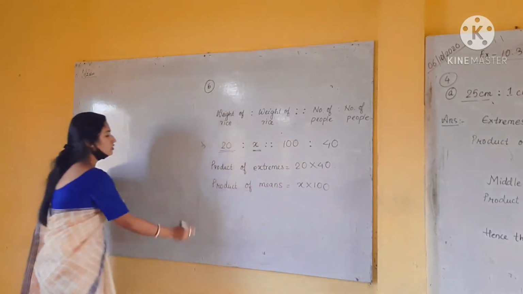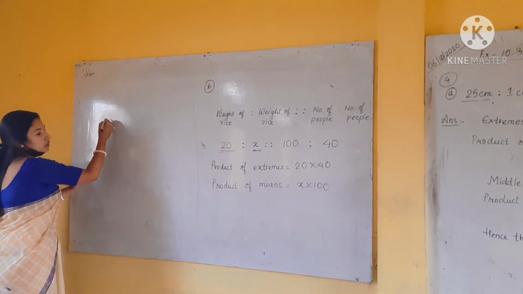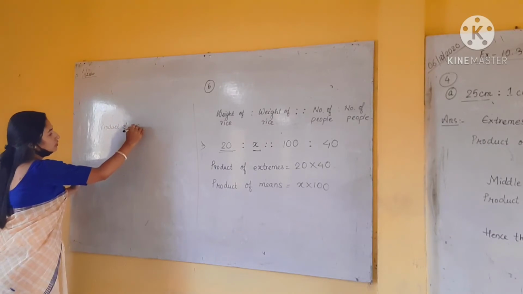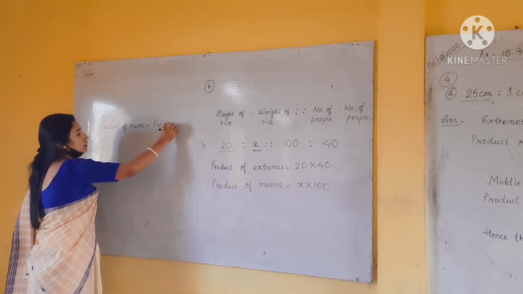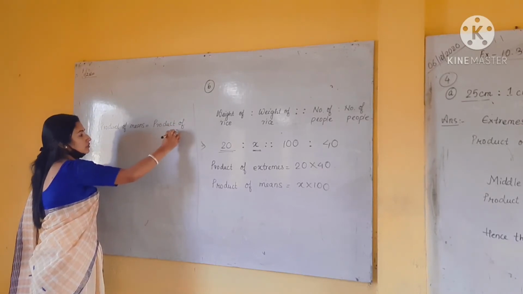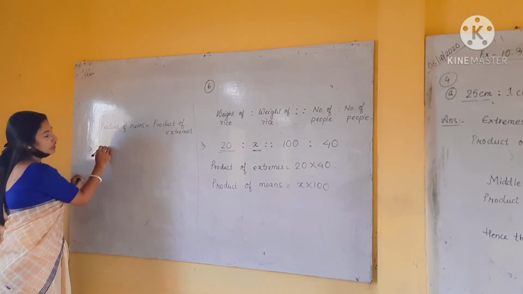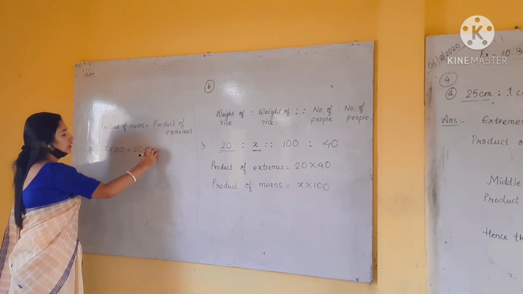So according to the question, we can write, therefore, product of means is equal to product of extremes. X into 100 is equal to 20 into 40.